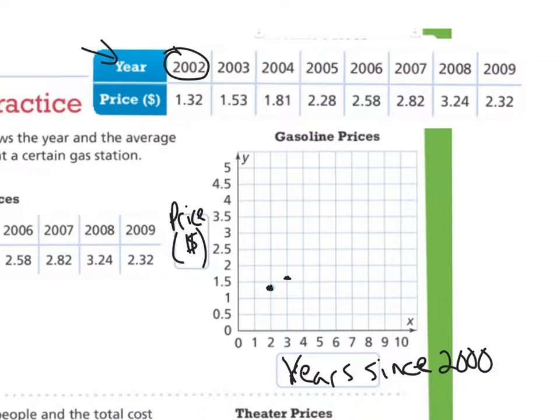Year 4, we're at $1.81, so a little bit higher yet, but not to the $2 mark.